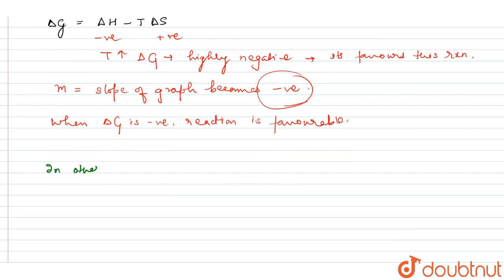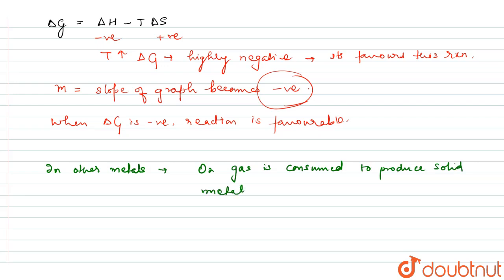In other cases, in other metals, O2 gas, that is oxygen gas, is consumed to produce solid metal oxide.